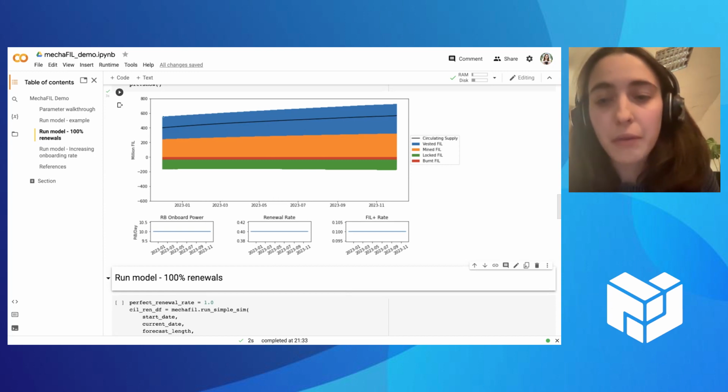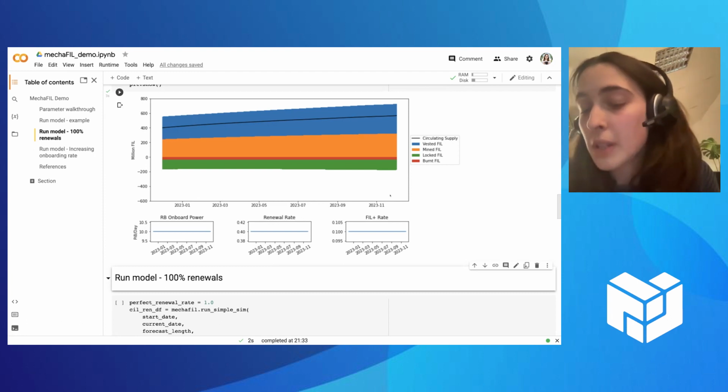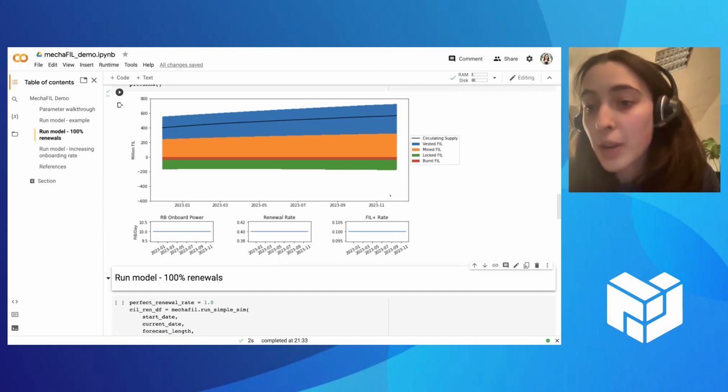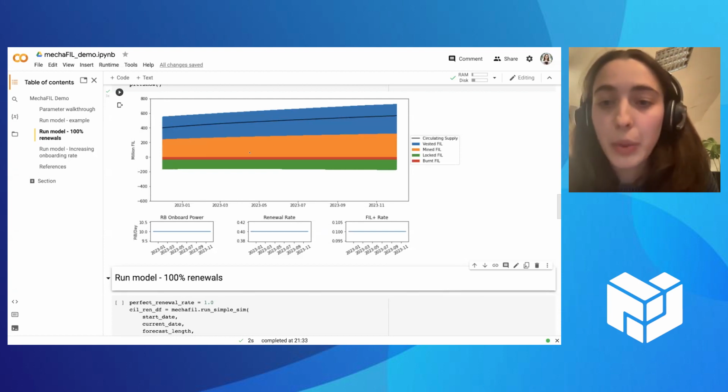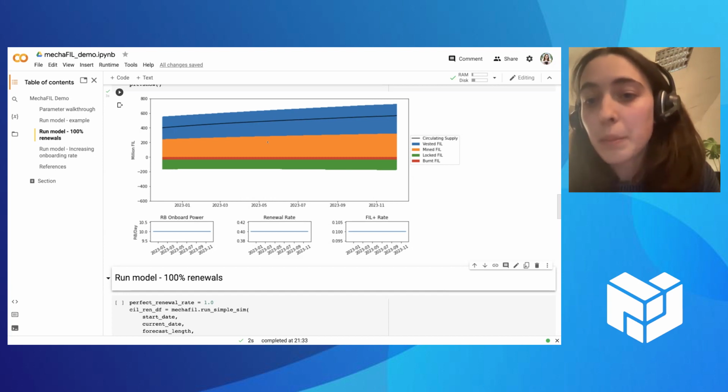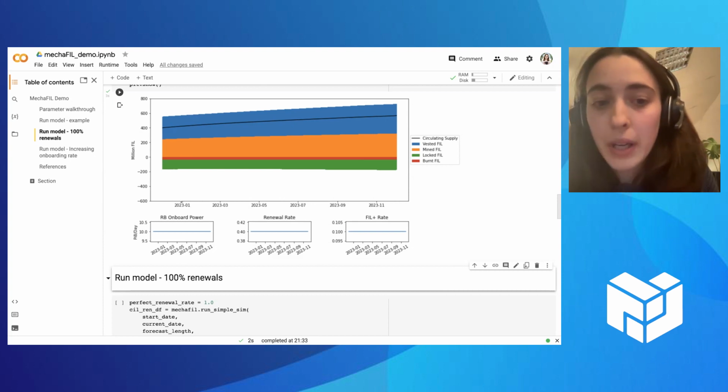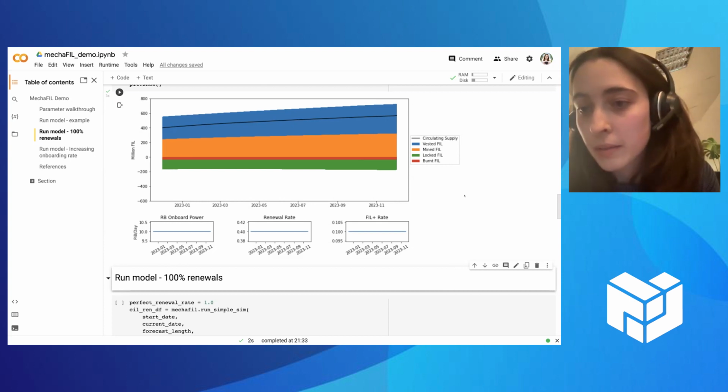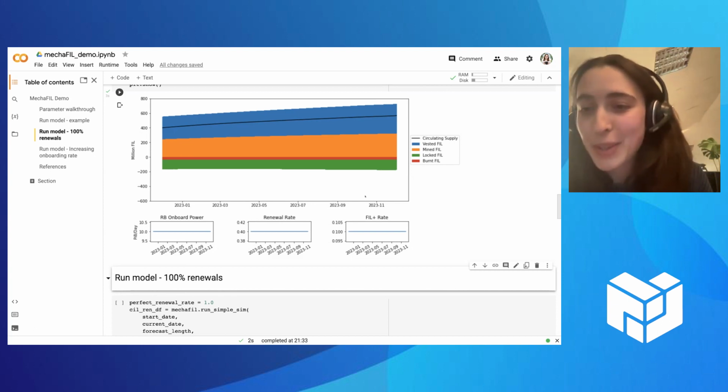On the other hand, the FIL that is being locked or burned reduce circulating supply, and so they contribute negatively to the final circulating supply. If we add the mined and vested, and then subtract locked and burned, we get this value for circulating supply for 1 year ahead. And this is all there is to it.